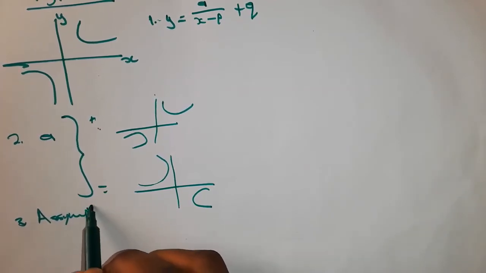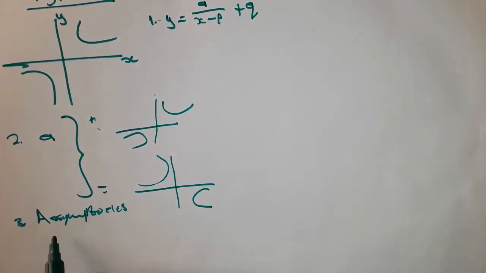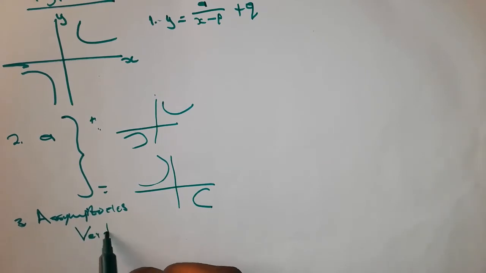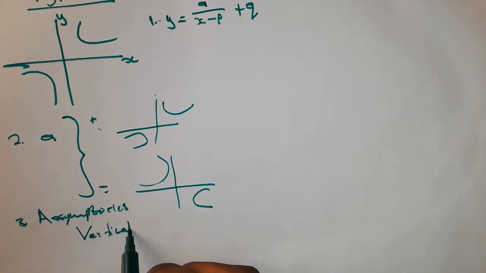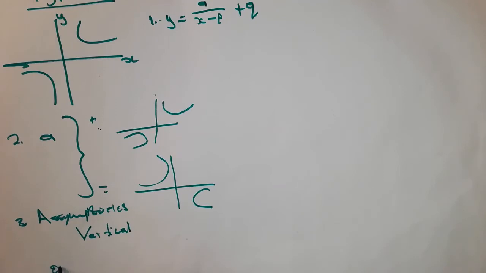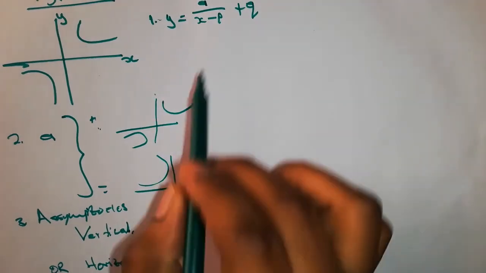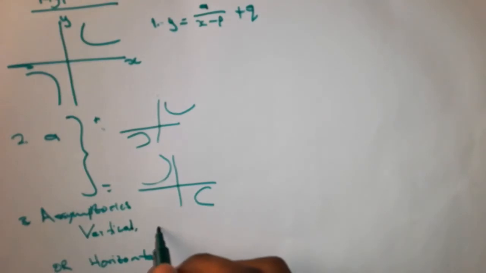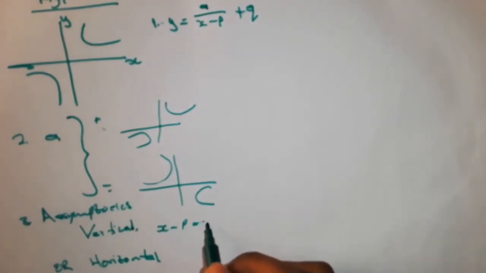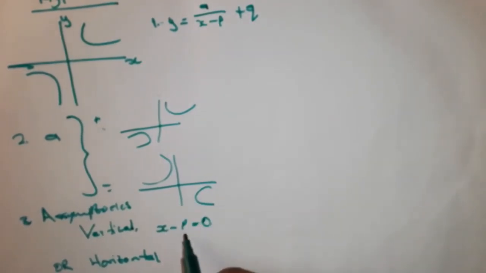Also the asymptote. Asymptote just means that the graph will never cross or touch that line. So you have your vertical and your horizontal lines that the graph will never touch. Vertically, you are looking at the term x minus p, where x is equal to p.